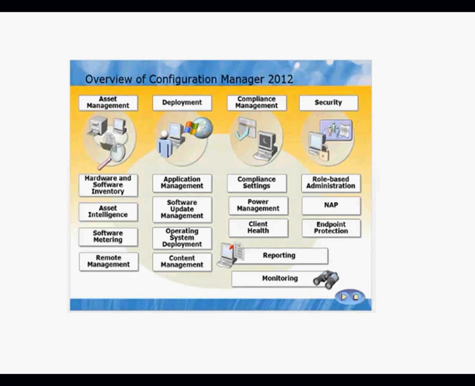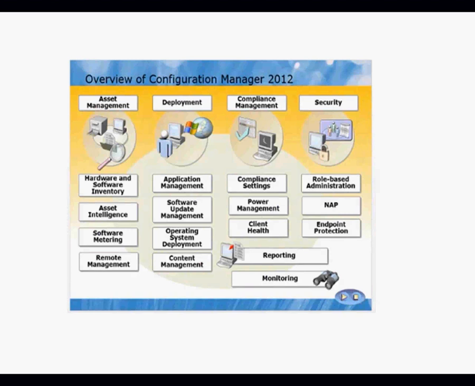So the packaging team needs the application deployment role and the patching team needs the software update role. So we will have two different roles for these two groups. Relevant access will be given to the relevant team so that we can secure our SCCM infrastructure. The packaging team will not be able to perform anything in patching. Similarly, the patching team will not be able to perform anything in packaging.